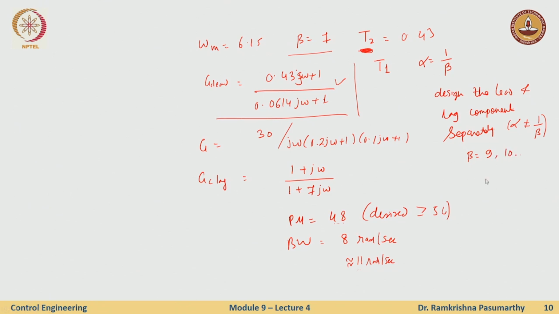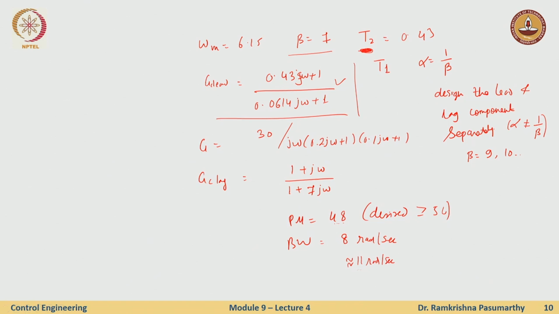So now we are close to meeting the closed loop specifications. What is required here is just a little bit of tweaking of these values of alpha and beta so that we get to the exact values, not just close but really greater than 50 for phase margin and a bandwidth of about 12 radians per second.